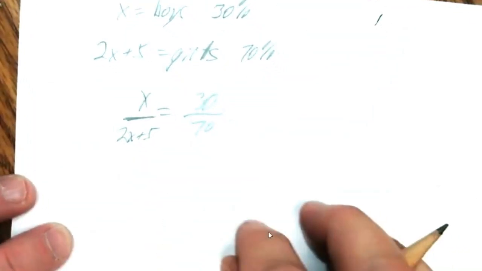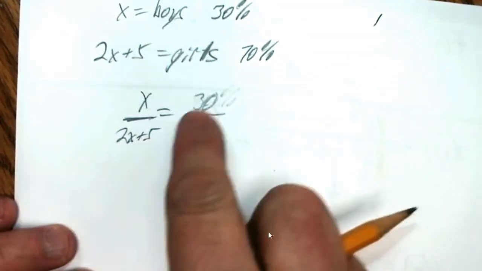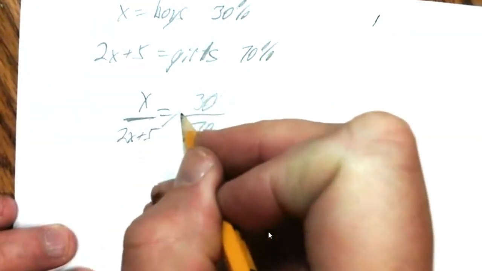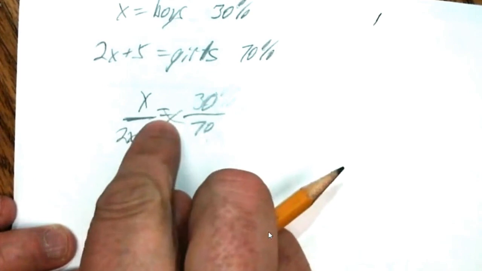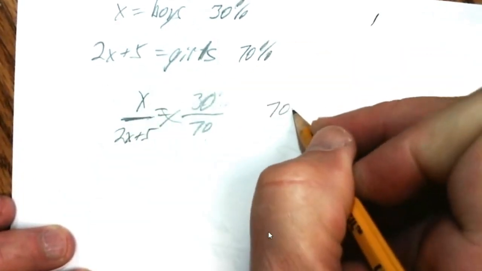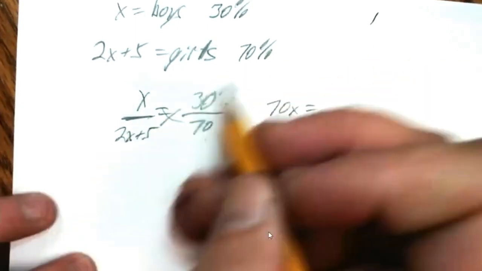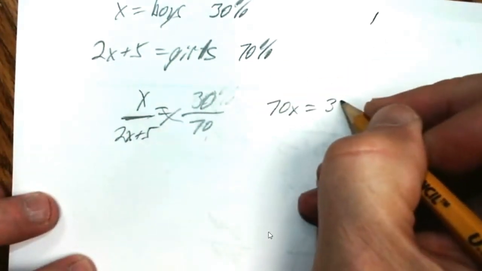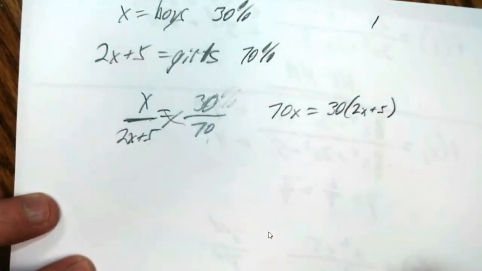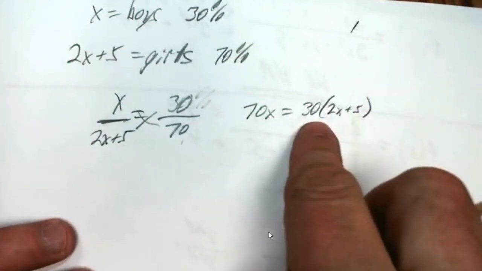Then it wants us to solve that. Well, we can cross multiply. Since they're equal to each other, it only works when they're equal to each other. So 70X equals 30 times 2X plus 5. All right, and we can simplify that.